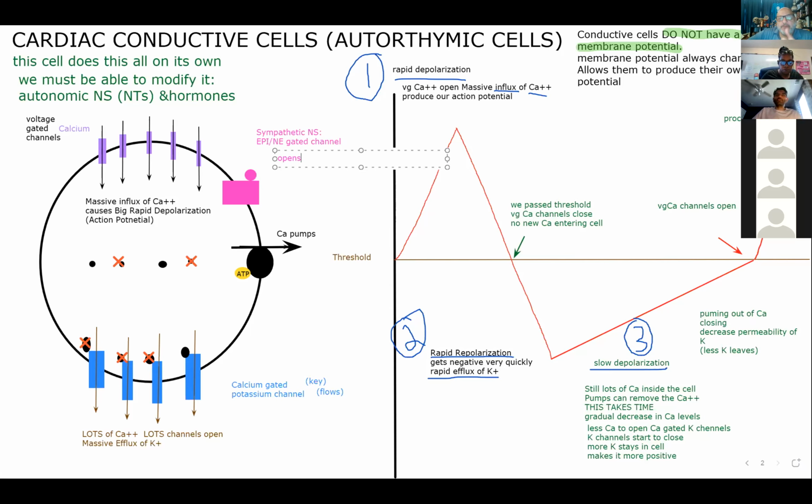Makes it beat faster. So we want to excite it. If we want to excite a cell, what ion do we typically want to let flow? Calcium. Well, true, but remember, we're already letting calcium in. What's the one that we normally use to depolarize a cell, to excite a cell? Sodium.